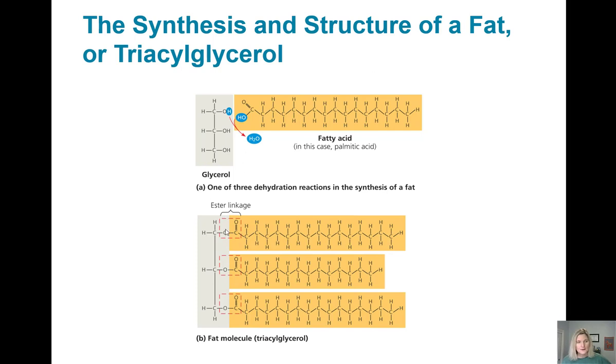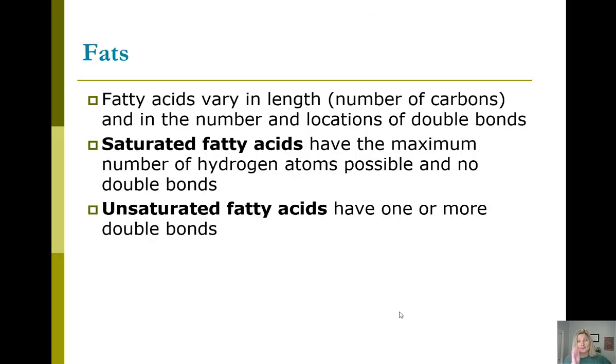Okay, so now we have our fatty acid chain. Now, these fatty acids can vary in length. So it depends on the number of carbons and the number and locations of those double bonds. So from the video, you saw how some of those fatty acid chains are saturated with hydrogen.